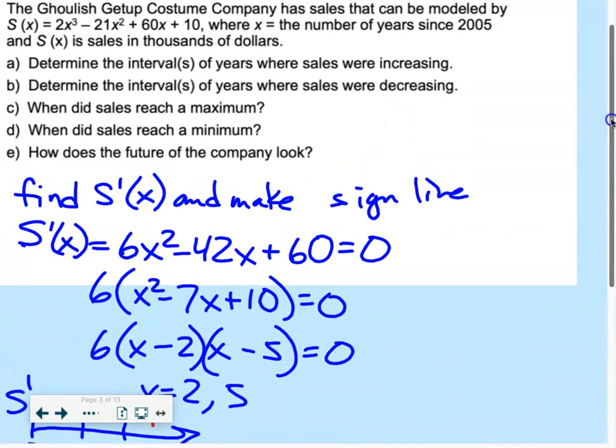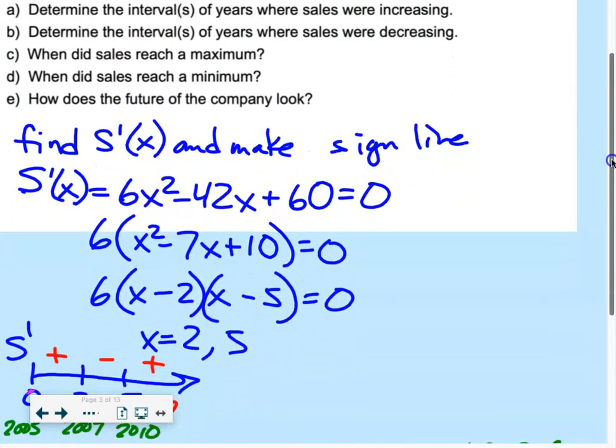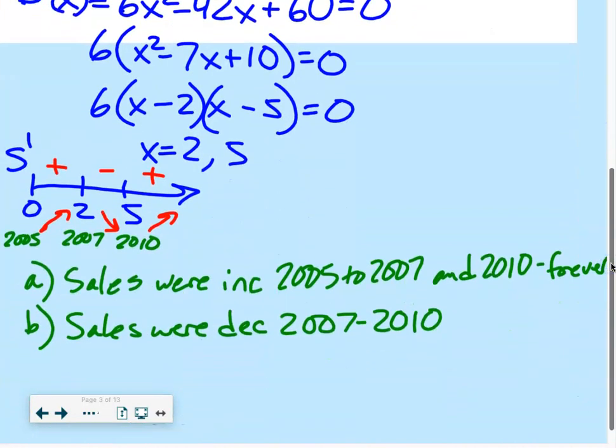All right. When did sales reach a maximum? I didn't give you an adjective, and I know I said when there's no adjective, it means absolute. But in the context of this problem, it's really implying, when did your sales hit a max? Well, they hit a max in 2007. Some people put ad infinity, because you're being very literal.